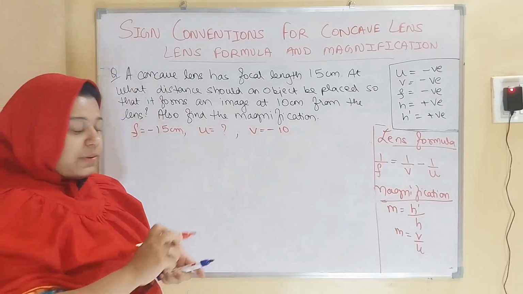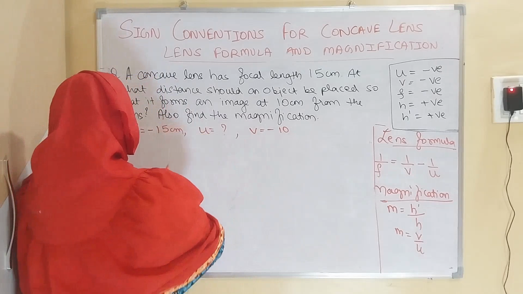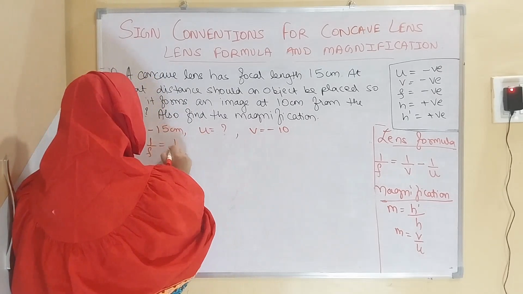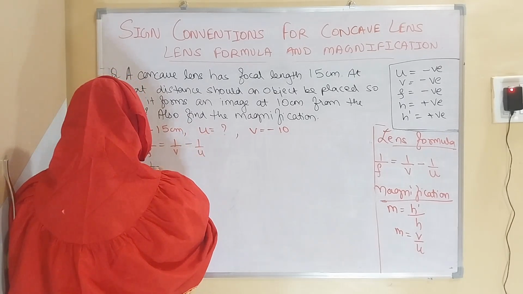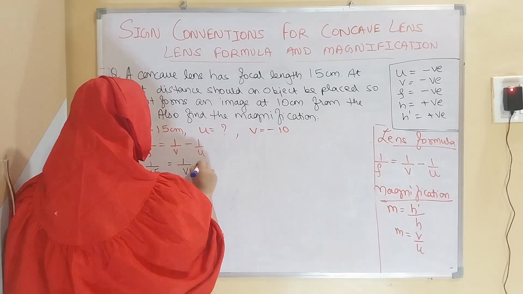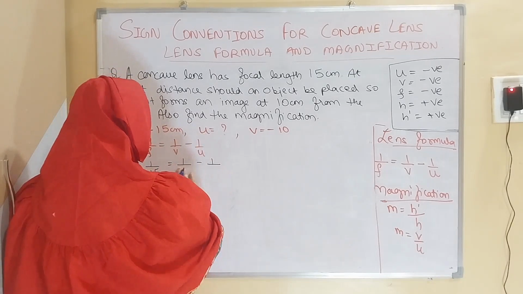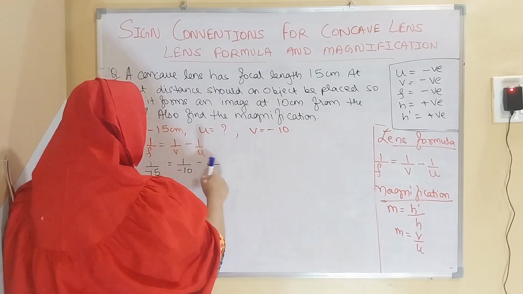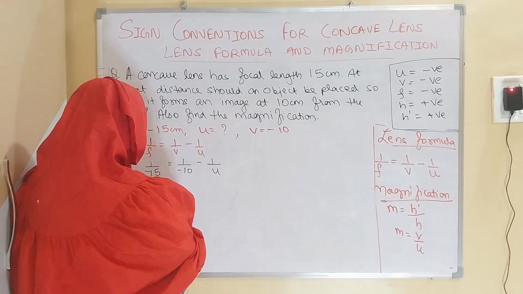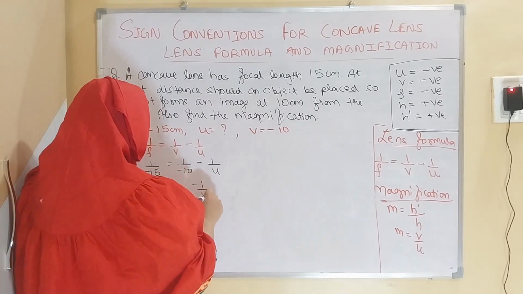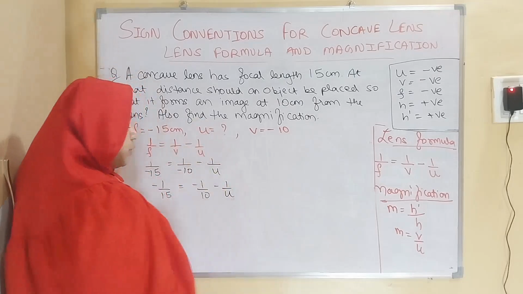Also find the magnification. So applying the lens formula, 1 upon f is equal to 1 upon v minus 1 upon u. 1 upon minus 15 is equal to 1 upon minus 10 minus 1 upon u. Minus 1 upon 15 is equal to minus 1 upon 10 minus 1 upon u.